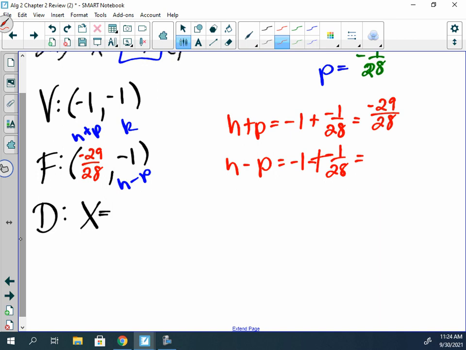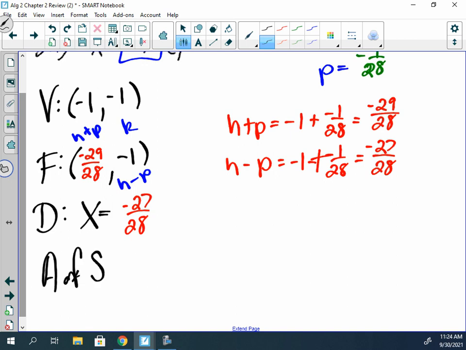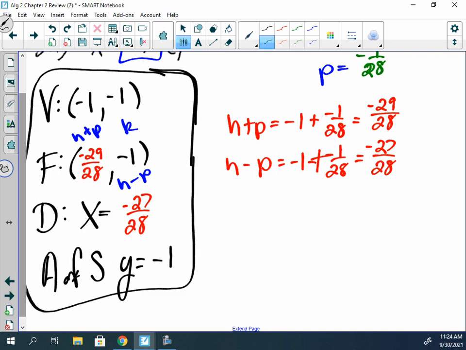So we have negative 1 plus 1/28, which is negative 27/28. And last but not least, our axis of symmetry would be y equals negative 1. And that's it. So for these here, I find the values of h, k, and p, and we plug them in.